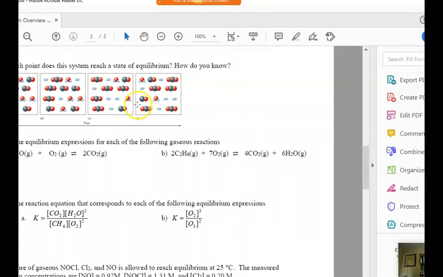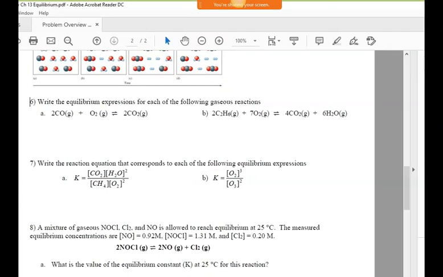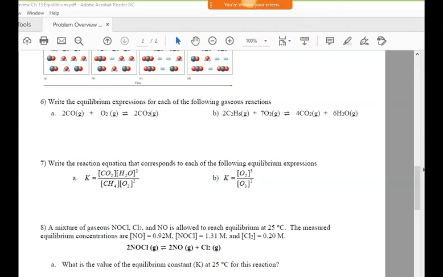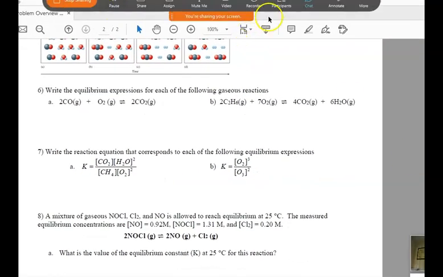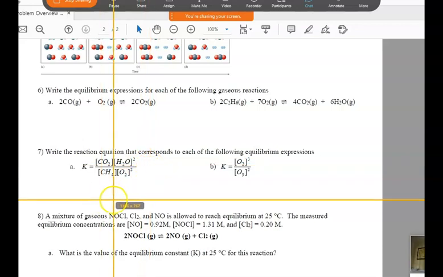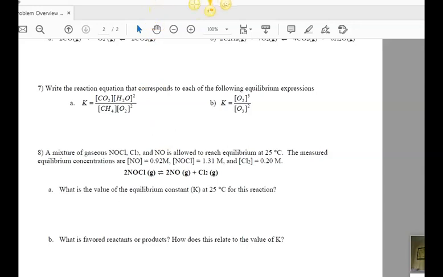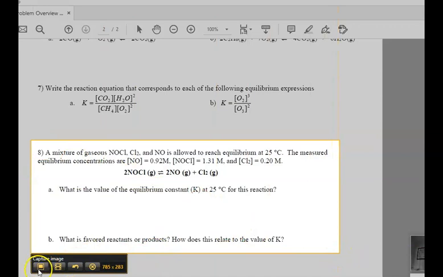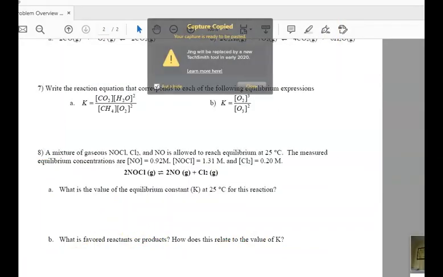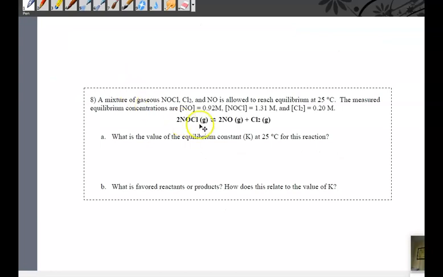All right, and then for the next one, now let's actually do a problem with numbers, and then we'll analyze the KEQ you actually get, and you'll tell me which side of the reaction it favors.